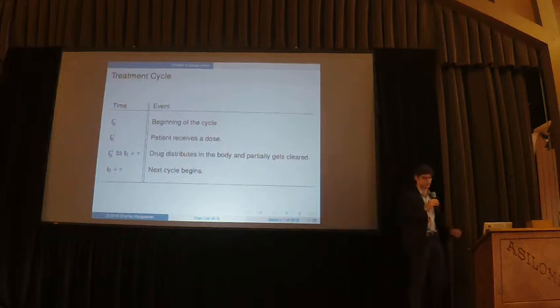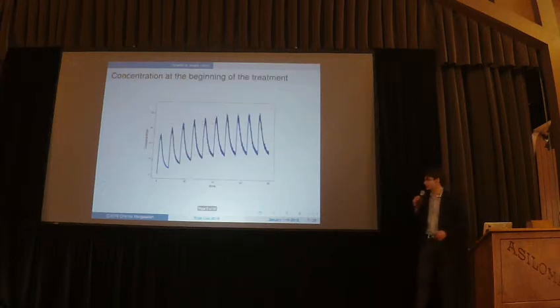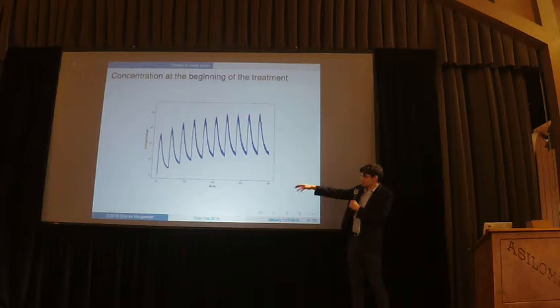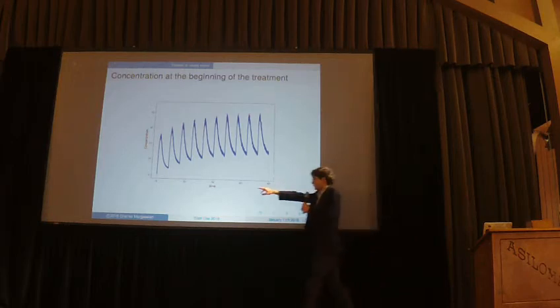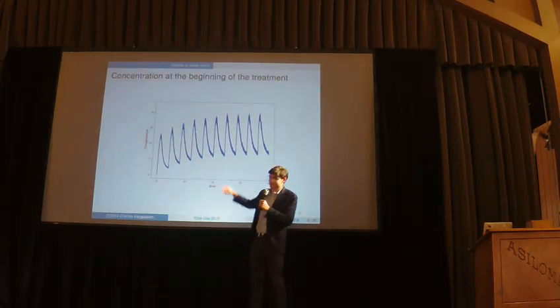So what does data we collect during clinical trials maybe look like? Well, if I'm measuring the drug concentration inside the blood, I may have something like this, where clearly you see that there are different cycles repeating themselves. I start at the beginning of the treatment, then there's a spike because the patient is taking a pill, it gets cleared out of the body, and then there's another spike.